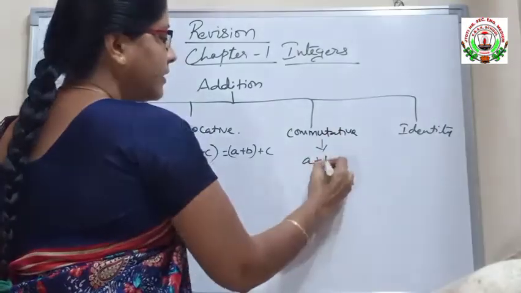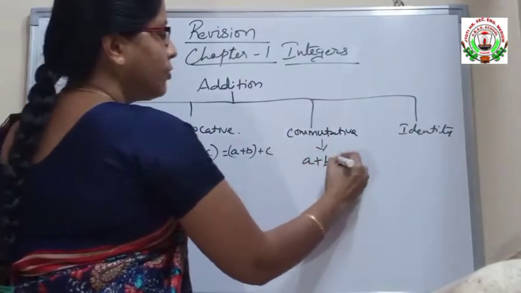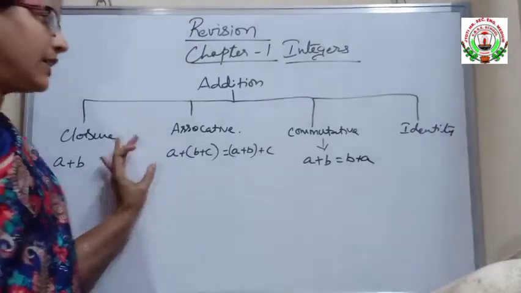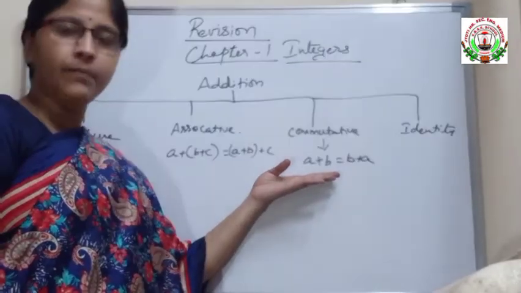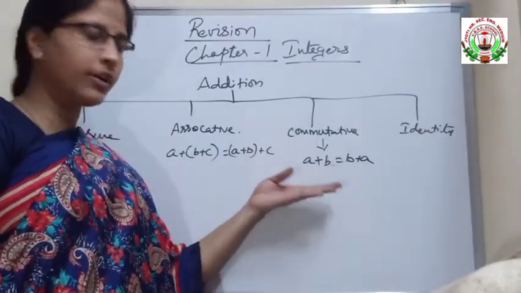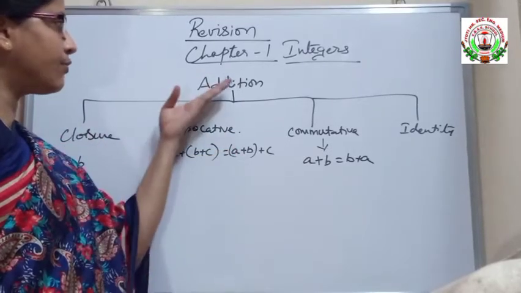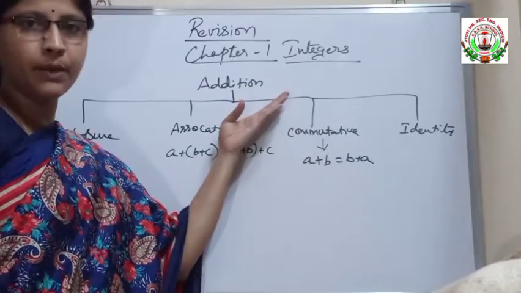Commutative property, that is when you add any 2 integers, it can be interchanged and added, whether these integers are positive or negative. So associative property is applicable for addition, commutative property is applicable for addition.